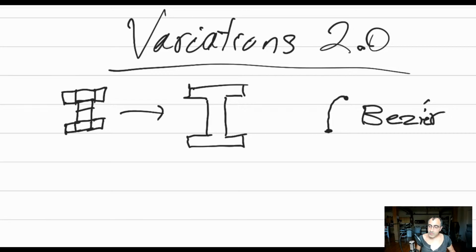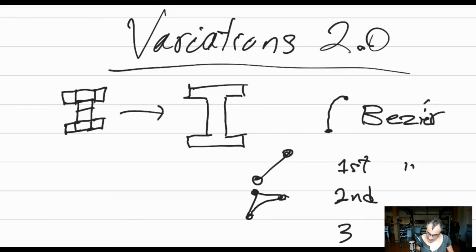There are different versions of them, they're polynomials. You can think of a line as a first degree Bezier. A quadratic one has one control point or corner, and it looks like this. That's a second degree Bezier or a quadratic, and the third degree has two control points or two handles. It looks like this.